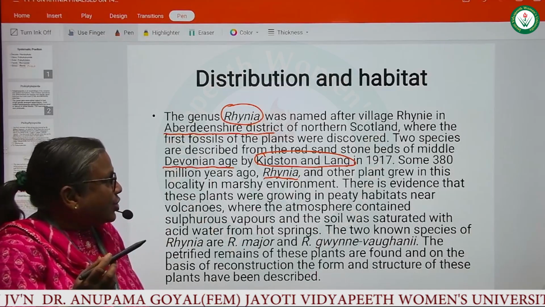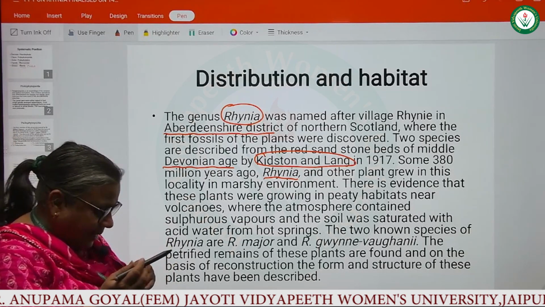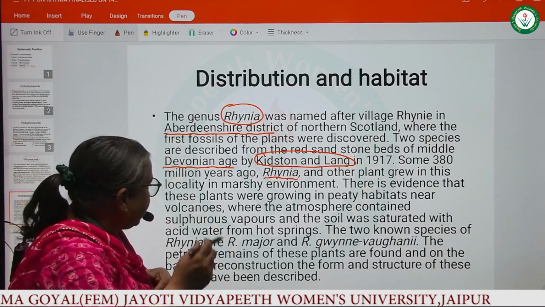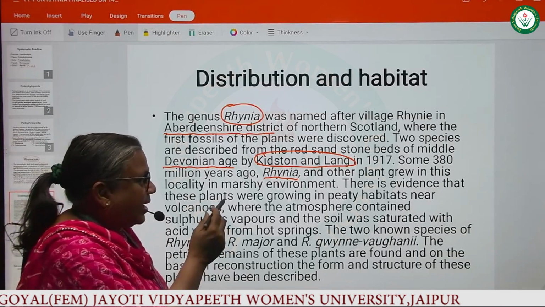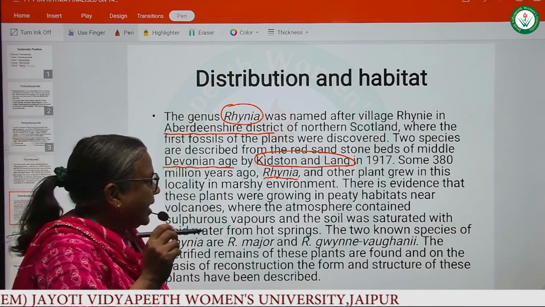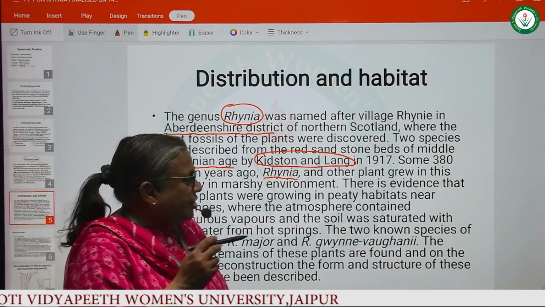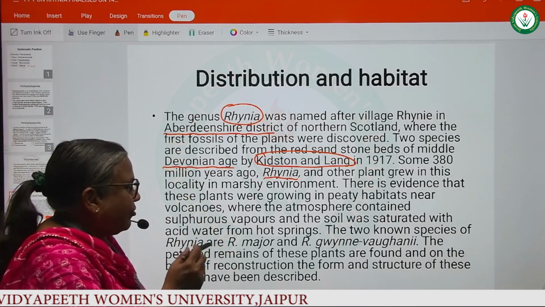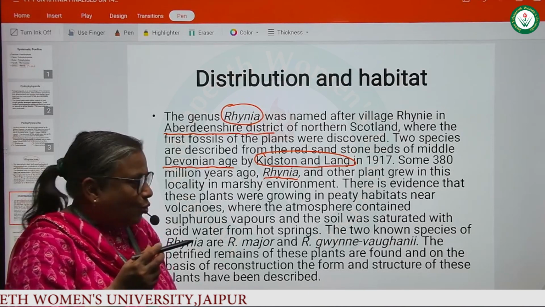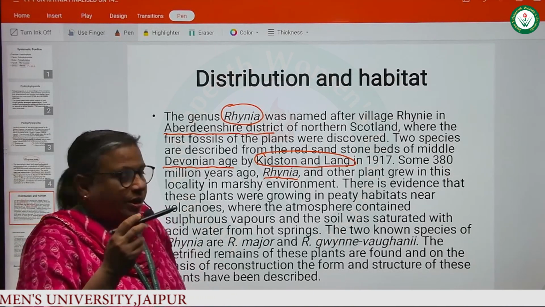In a marshy environment, there is evidence that these plants were growing in peaty habitats near the volcanoes where the atmosphere contained sulfurous vapors and the soil was saturated with acid water from the hot springs.